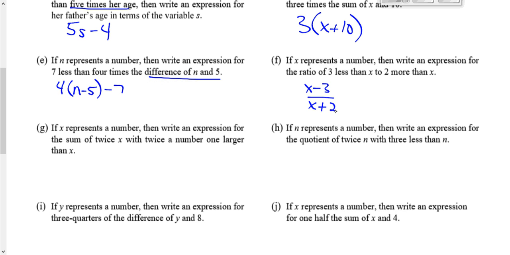What'd you get for G? What's this one? I can't see. Say the number. Which one is this one? Oh, F. Somebody else want to take a stab at G? 2x.